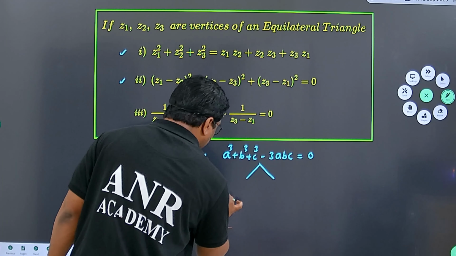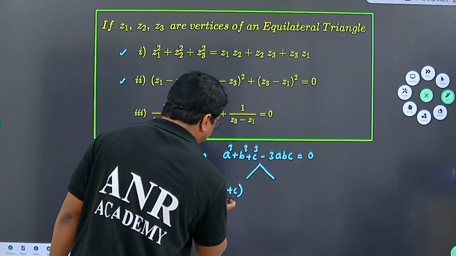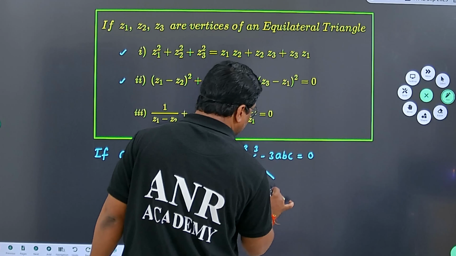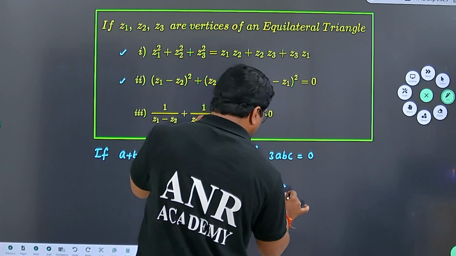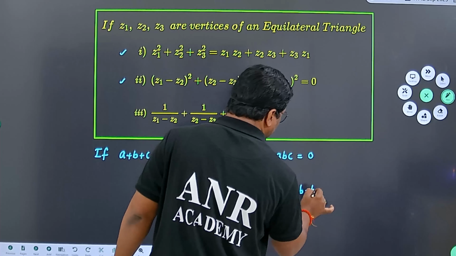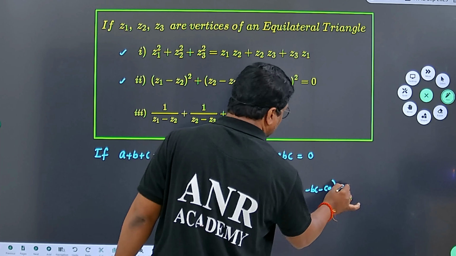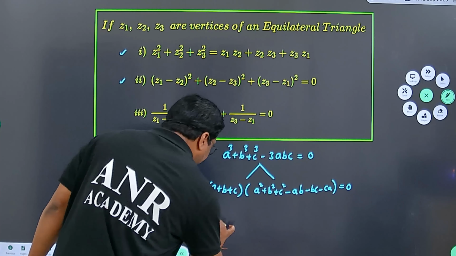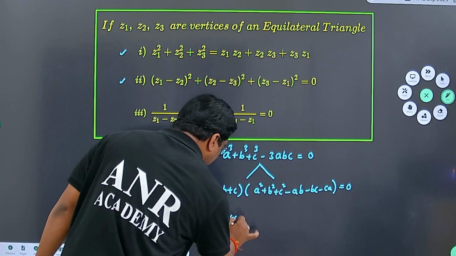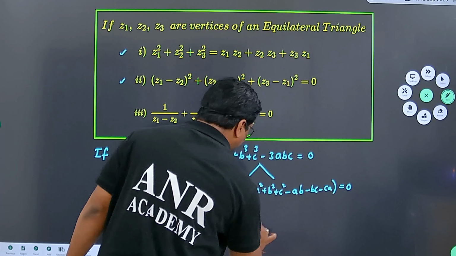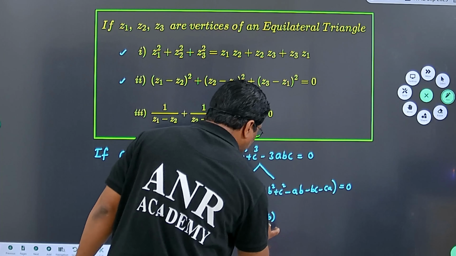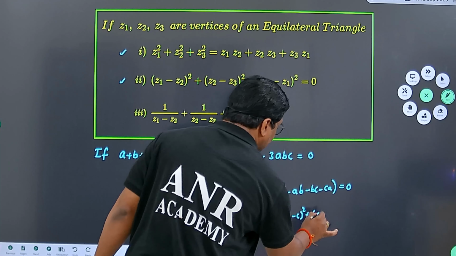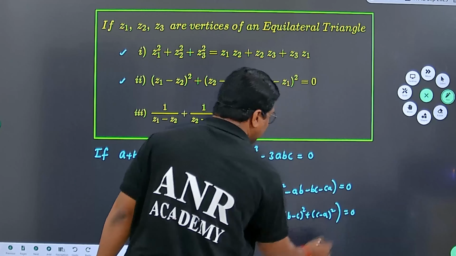One factor is A plus B plus C and the other is A square plus B square plus C square minus AB minus BC minus CA, which is equal to 0. Also you can write A plus B plus C multiplied by A minus B whole square plus B minus C whole square plus C minus A whole square equal to 0.